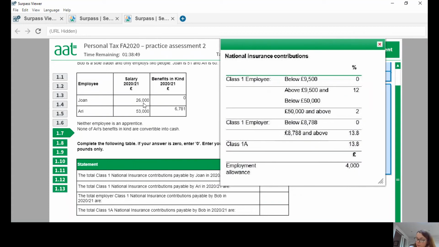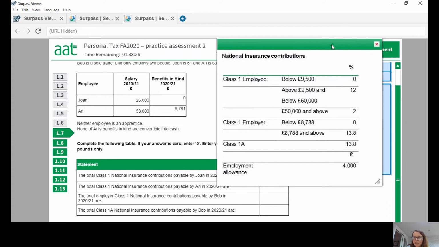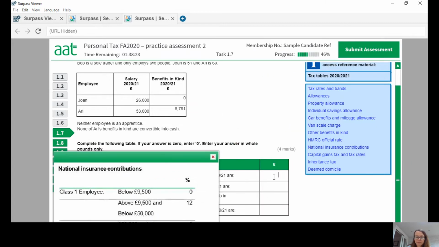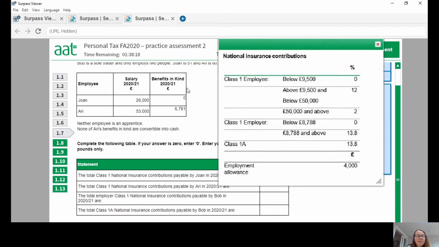Right, so for Joan, we are going to say, right, the first 9,500 is 0. She doesn't exceed 50, so we're going to do 26,000 subtract 9,500. So the excess is 16,500 at 12%. So that gives us a figure of 1,980 for Joan. And then Ari, he is over 50, so nothing on the first 9.5.